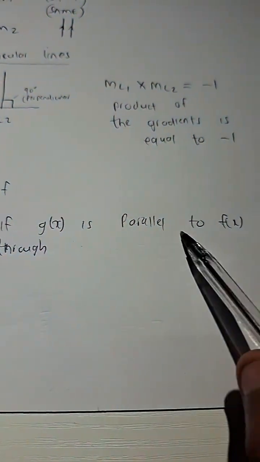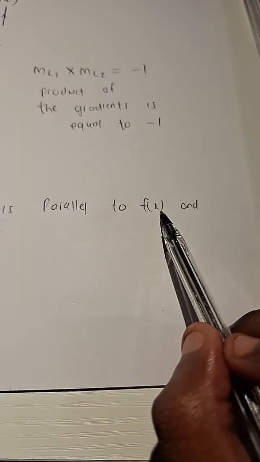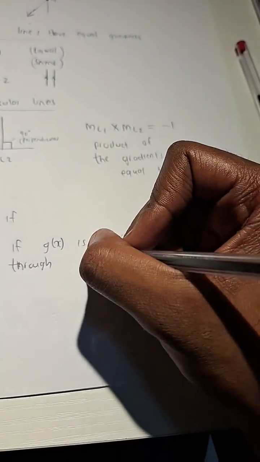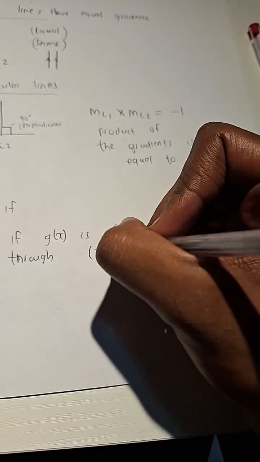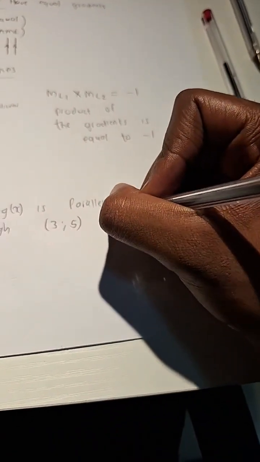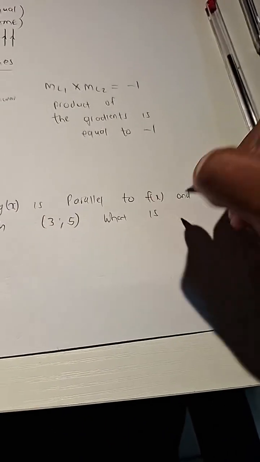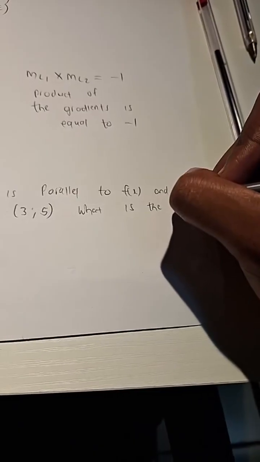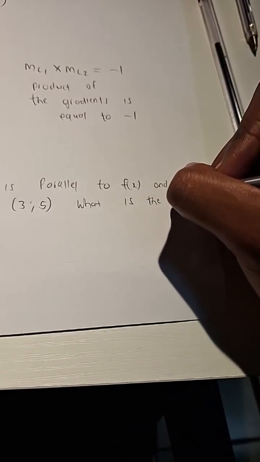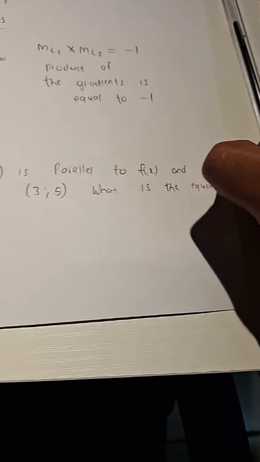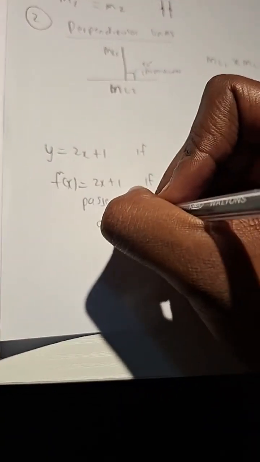If g of x is parallel to f of x and passes through 3 and 5, what is the equation of g of x?